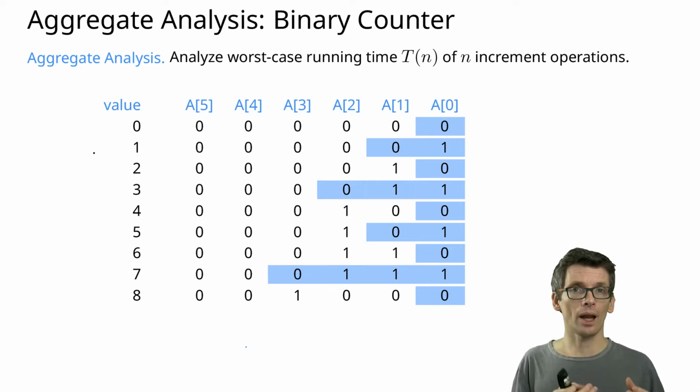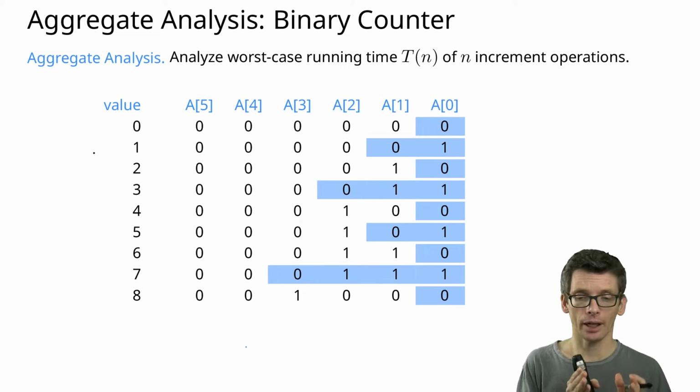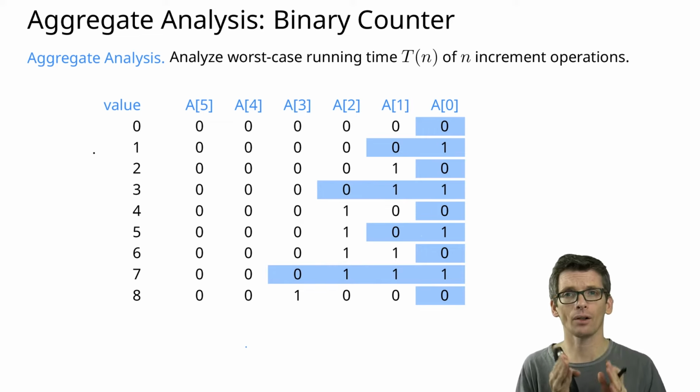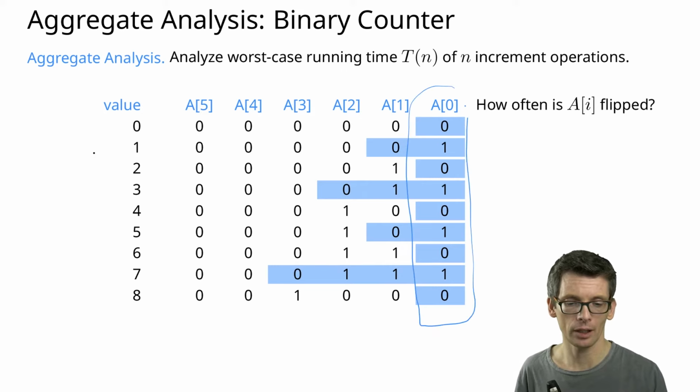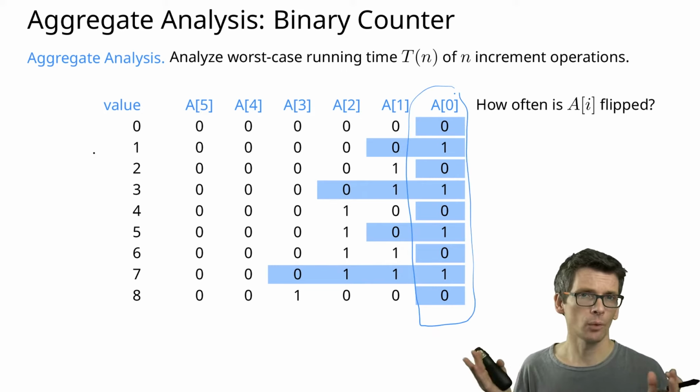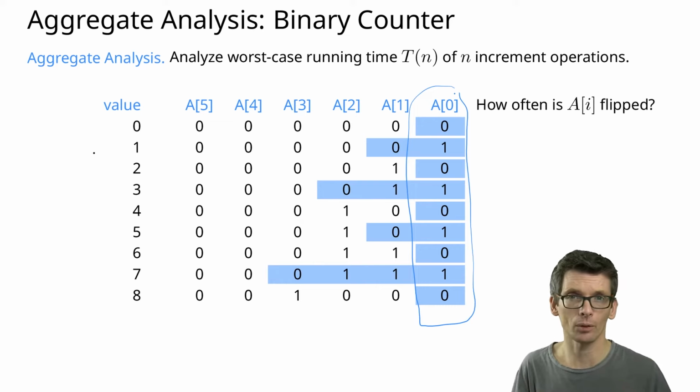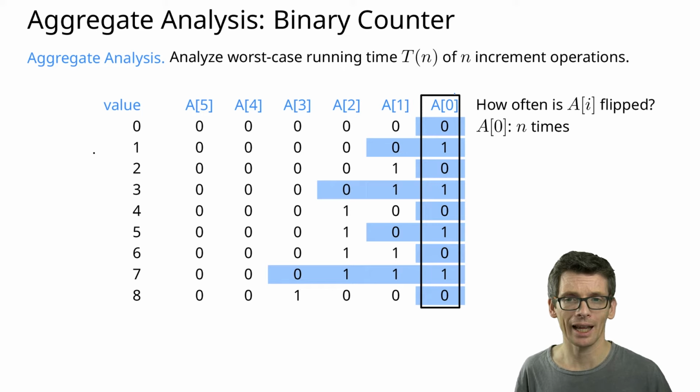And the way we can analyze this is by looking at each of the bits and asking how often is that flipped. So how often is ai flipped? Let's start with a0. A0 is flipped n times. It won't be flipped more than n times because we only do n increments.